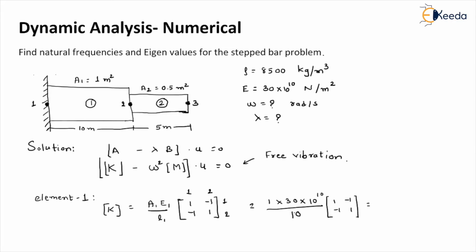If we evaluate this, the 10 gets cancelled, so we have 3 into 10 raised to 10 times 1 minus 1 minus 1 1. We do the same for element number 2.